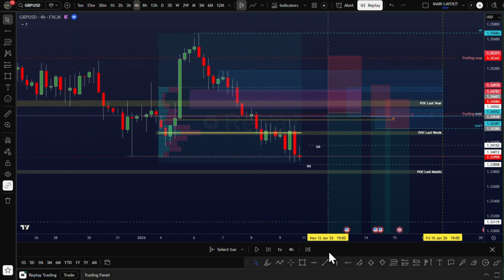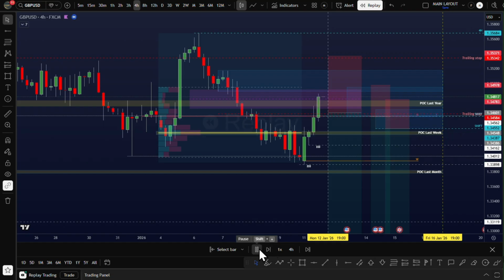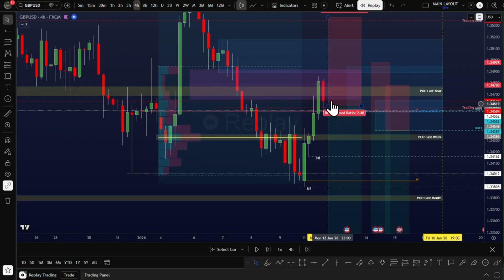At the beginning of the week, I was waiting for price to reach this zone. When price reached this zone, I placed a first trade when I saw a rejection, a 4 hour bearish closure.